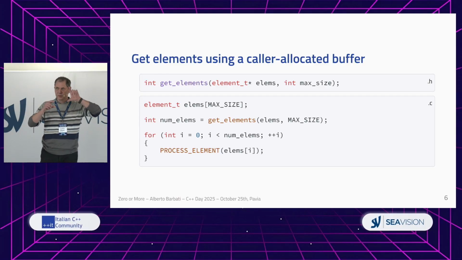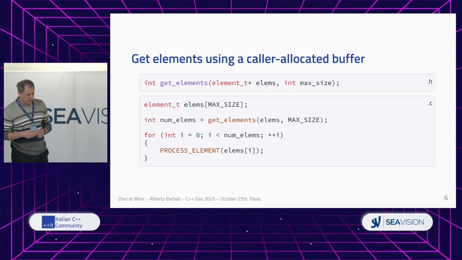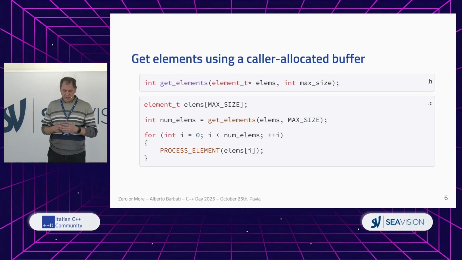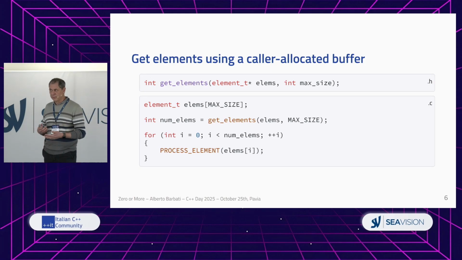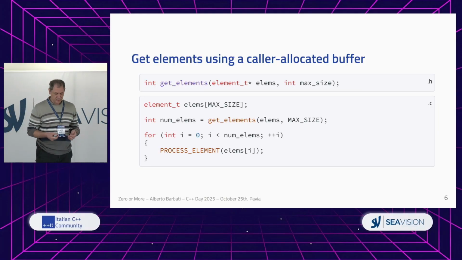So you have two loops: a large loop to iterate over the calls of get elements, and a smaller loop that is depicted here to process the single elements. This is actually a way to reduce the number of calls. This is especially good if you have very small objects like characters.